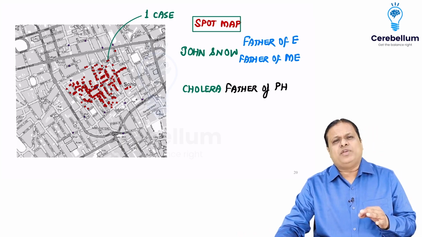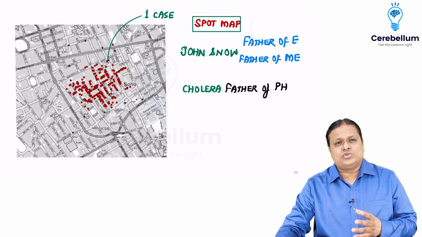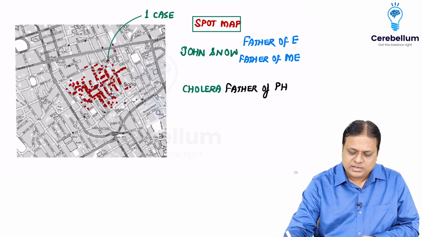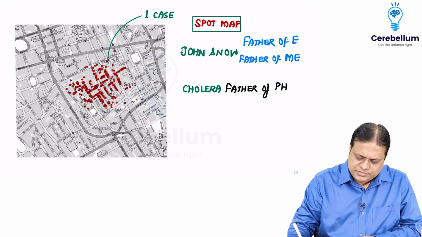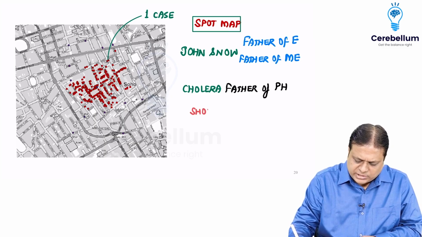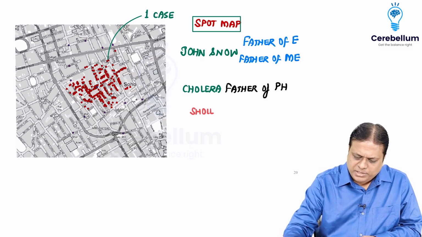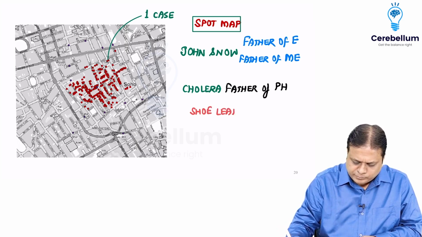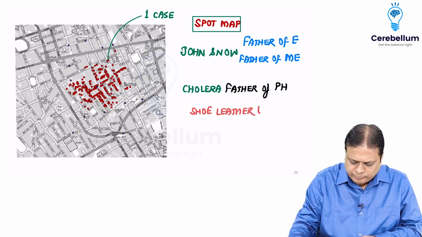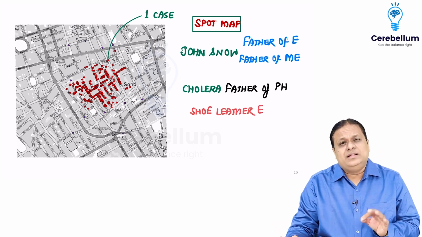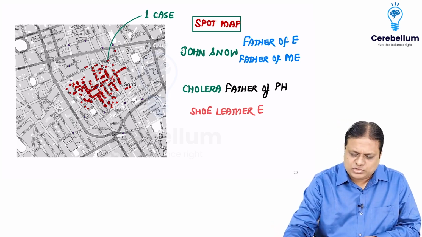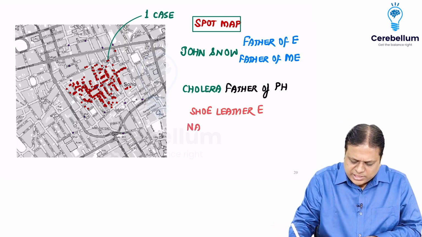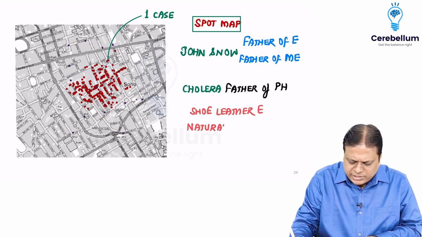Now, the type of epidemiology which was used by John Snow for finding the source of infection in London for cholera, that was shoe leather or gumboot epidemiology. And the type of study design which was utilized by him was natural experiment study design.